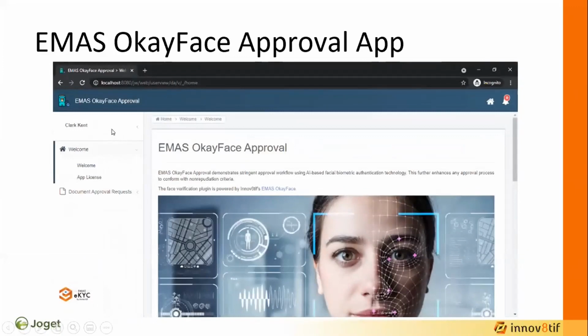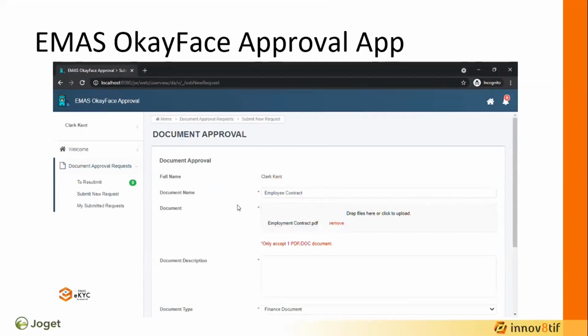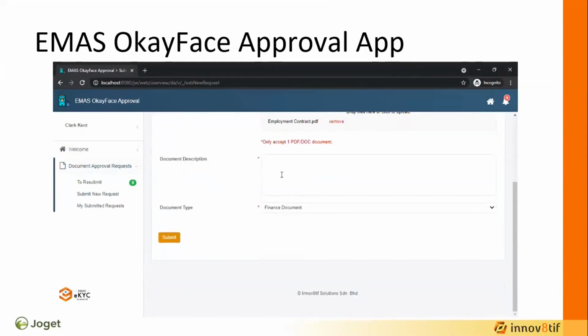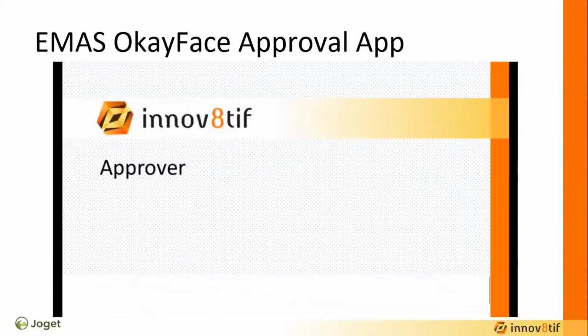All right, so as you can see from here, this is the OK Face approval app. The use case this is more towards is biometric authentication, right? When you need your processes to have just another layer of security for your approval processes. For example, your approver maybe needs to have a way to identify or secure the identity of that person before conducting an action.